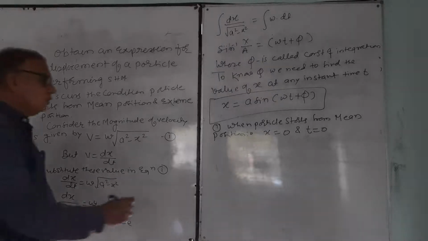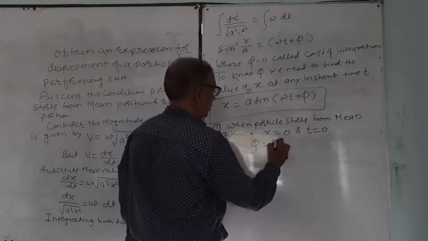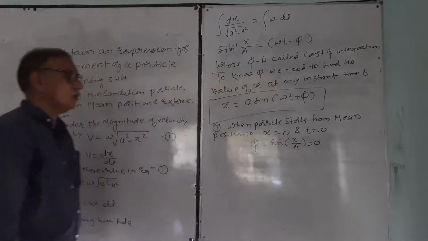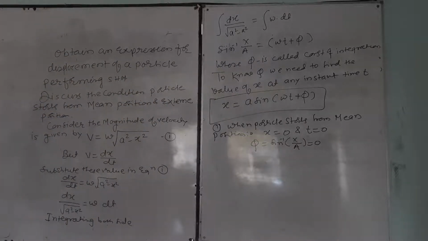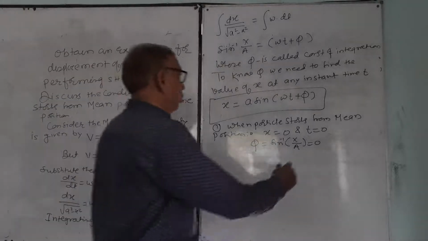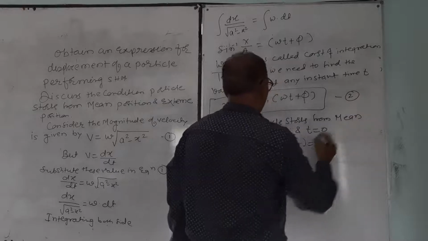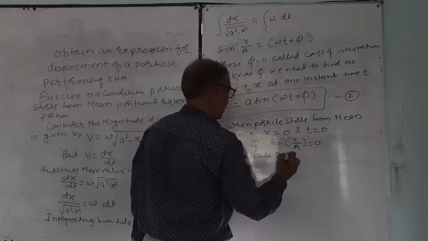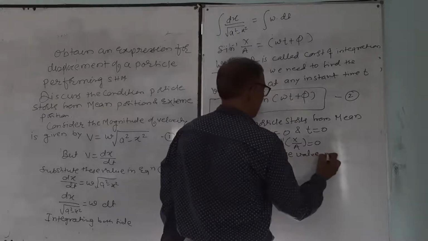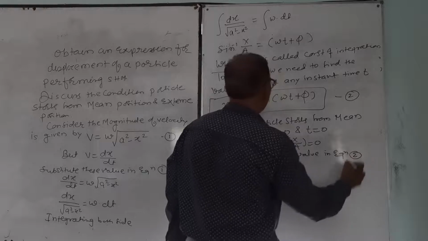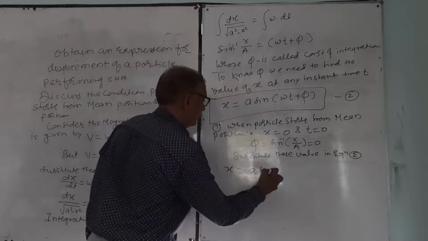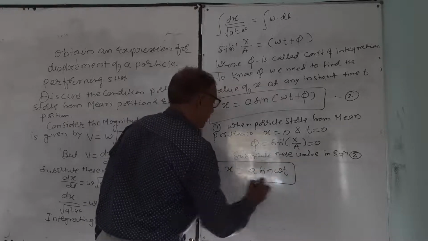Therefore, phi is equal to sin inverse x by a is equal to 0. Substituting this value in equation 2, x is equal to a sin of omega t.